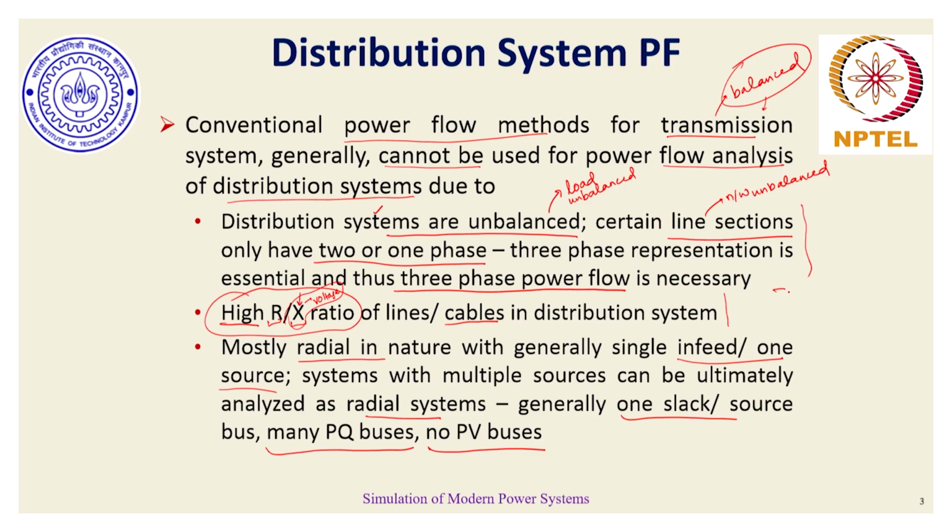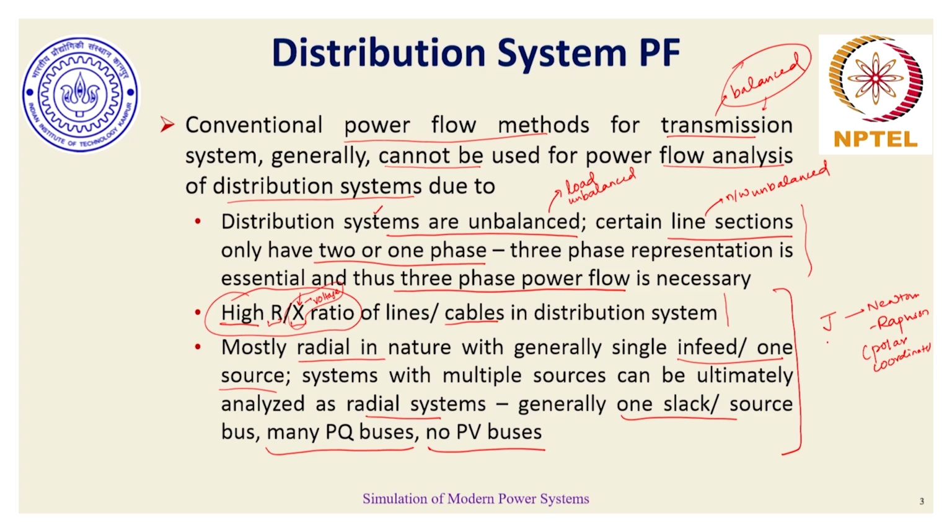So the mathematical problem with these two reasons is that the Jacobian matrix, which is essential in the Newton-Raphson method, has certain diagonal terms and certain off-diagonal terms, specifically for the case when voltage phasors are in polar coordinates.